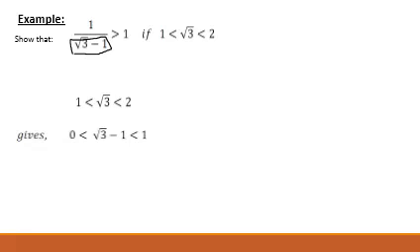So I will get 0 less than radical 3 minus 1 less than 1. The second thing I'm going to do is to find the reciprocal, okay? So just do them step by step. So you will get 1 over radical 3 minus 1 greater than 1. So as I told you, if you are going to do the reciprocal, the sign will be changed.